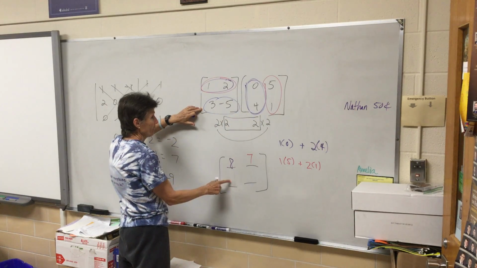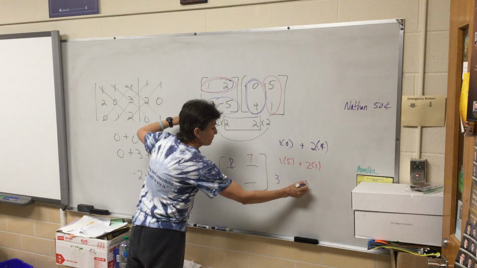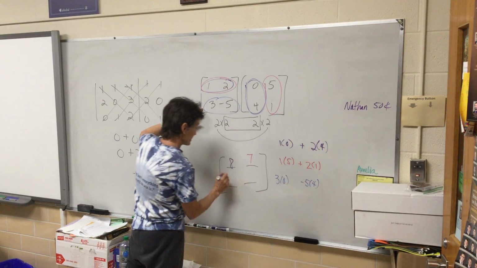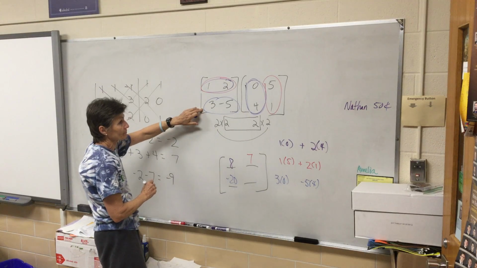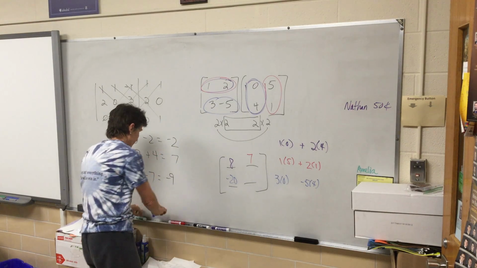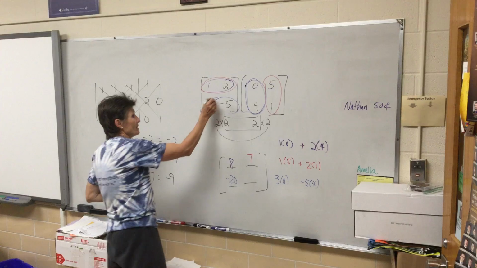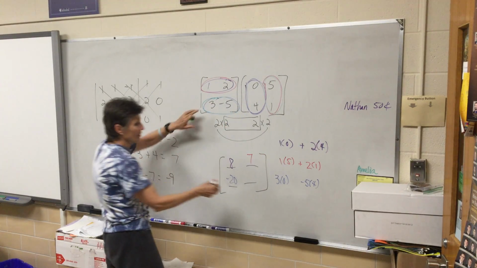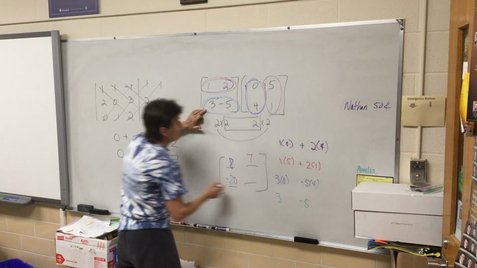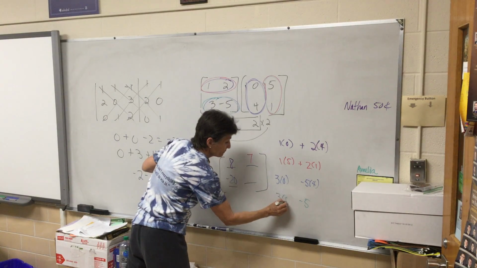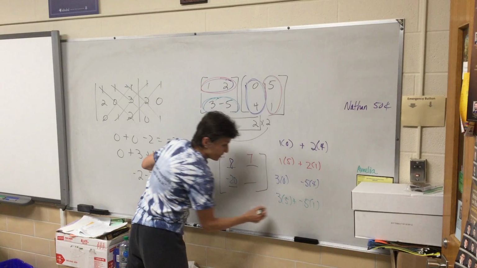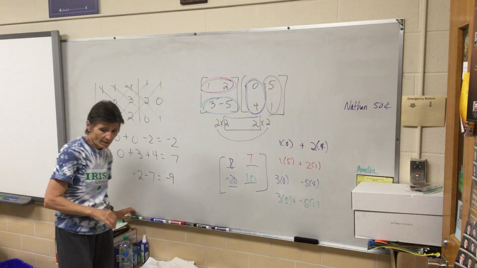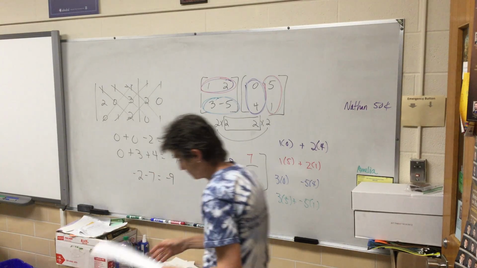Second row, first column, 3, negative 5, and 0, 4, which is negative 20. And then second row, second column, 3, negative 5, and 5, 1. And that's a 10. So there is the product.